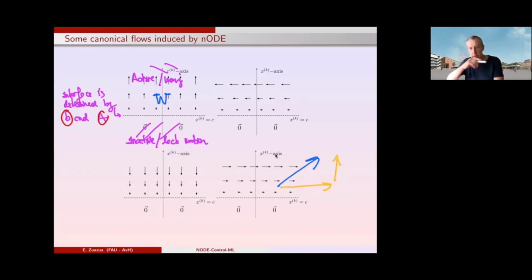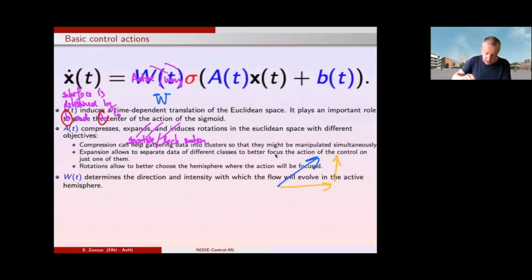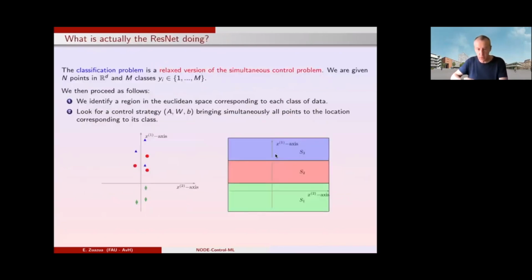Okay, so let me now explain how out of this you can succeed on the control of this situation in which you have to take this blue point out of this cluster of reds, because the blue is badly placed. Here there is clearly a cluster of reds and the blue is in the middle. So you have to remove it out of this cluster of reds and place it north.